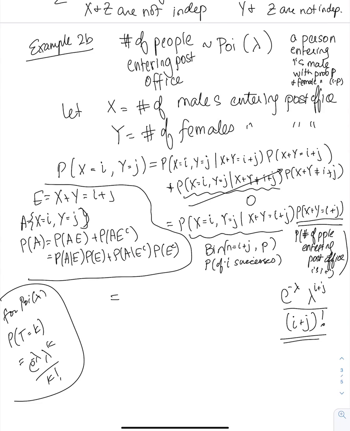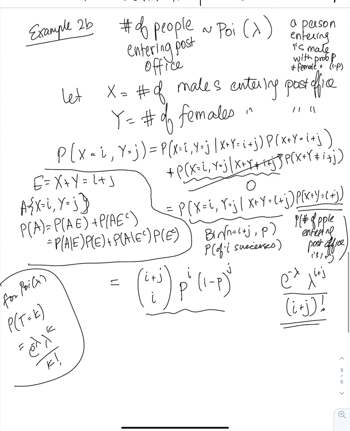For binomial n, p, you have n choose i, so it's i plus j choose i, p to the i, 1 minus p to the n minus i, which is i plus j minus i, so that's just j. All right, so that is this first part.